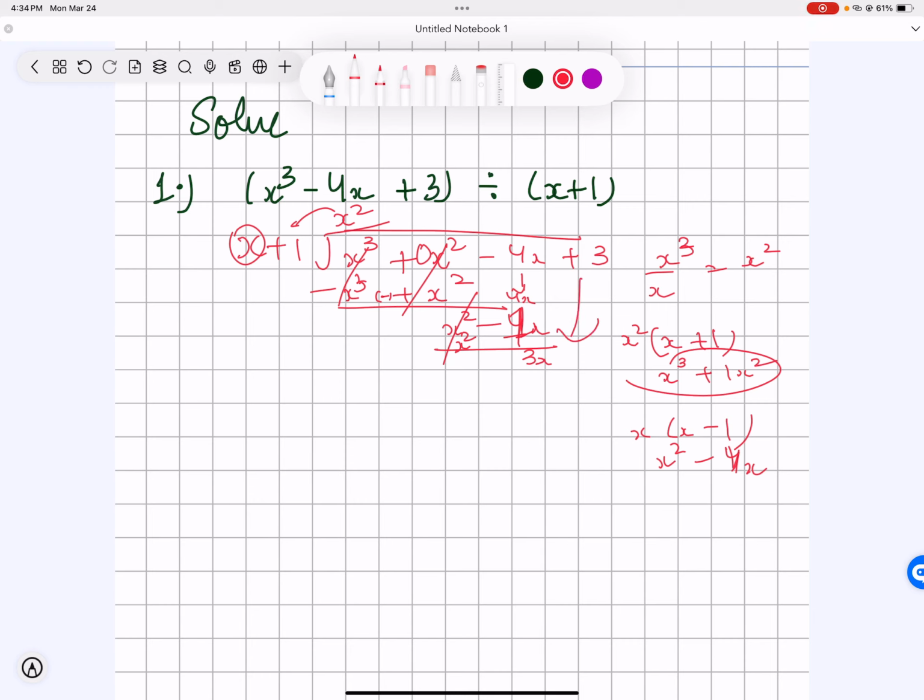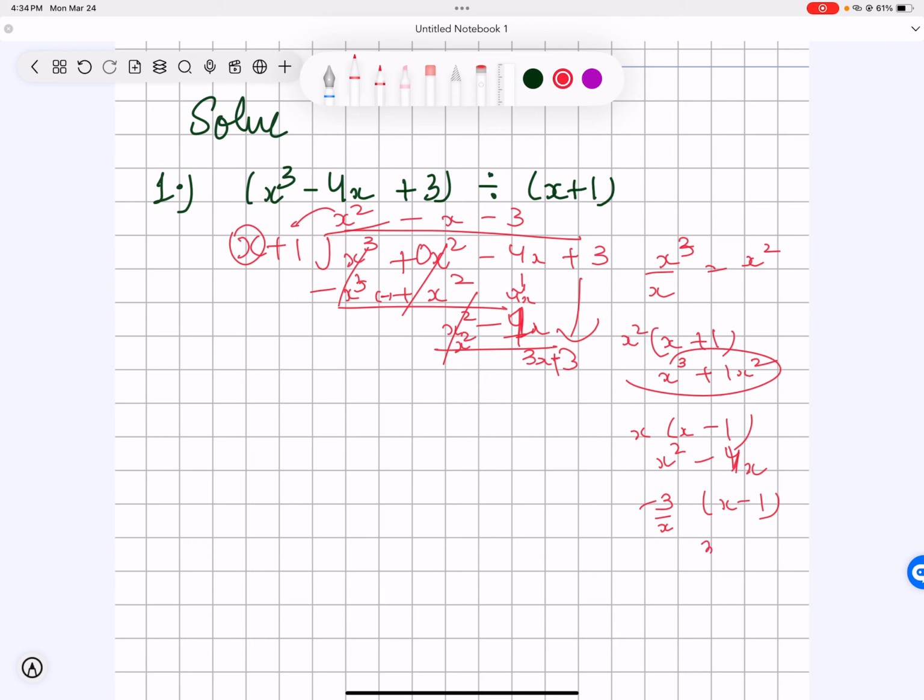and then I bring down the 3 from up there, and then I divide 3 again by x. I get here, I will write it by, now I will write minus 3 by x. I multiply that by x minus 1.